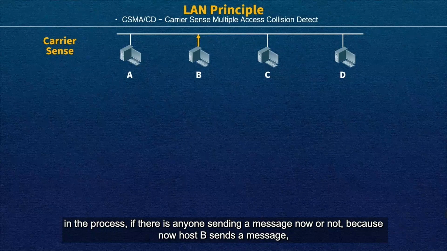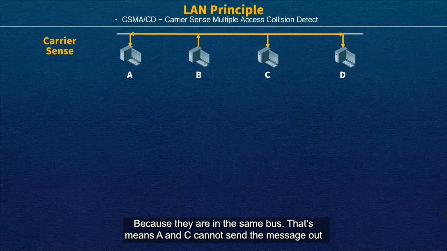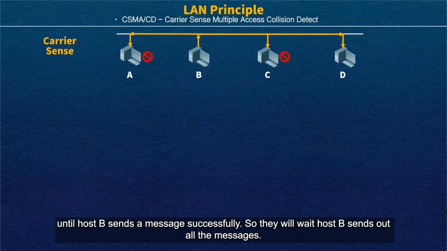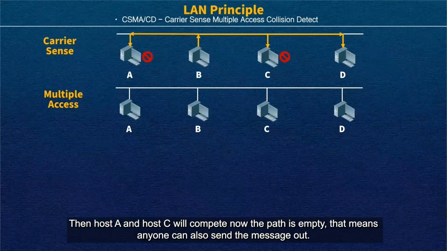Because host B is sending, A and C will also receive the message from host B, and so will host D, right? Because they are on the same bus. That means A and C cannot send a message out until host B sends its message successfully. So they will wait for host B to send out the whole message.